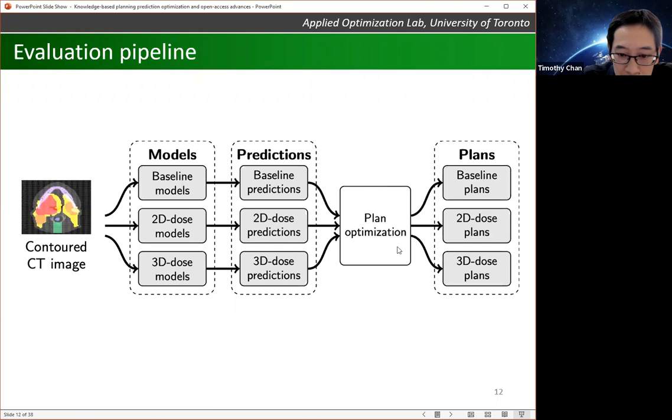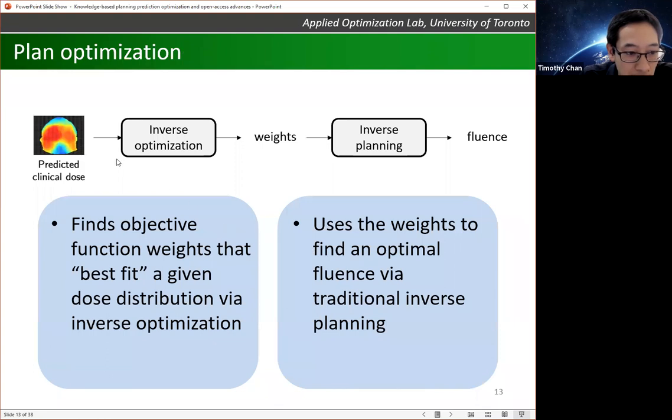So now let me talk about this plan optimization box. What is in this box around optimization? So the optimization box actually itself is a two-step process. The idea is that in the first step, we would take this predicted dose distribution. We would learn parameters of an optimization model that are most likely to recover this dose distribution.